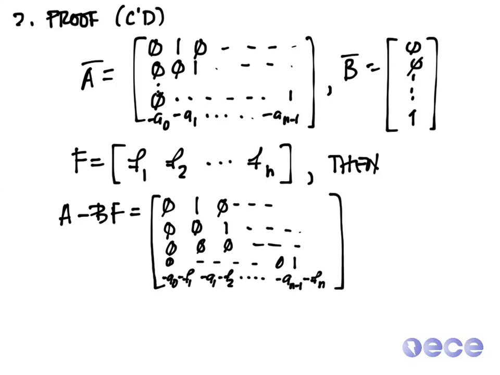So in order to find out where our poles are going to be, we need to calculate the determinant of lambda I minus (A minus BF). So this determinant will give us the eigenvalues of A minus BF. Now we can write those eigenvalues in that determinant because we have this really nice matrix that's mostly zeros.